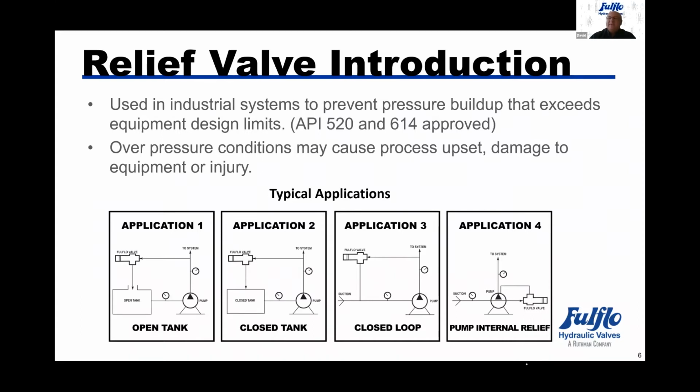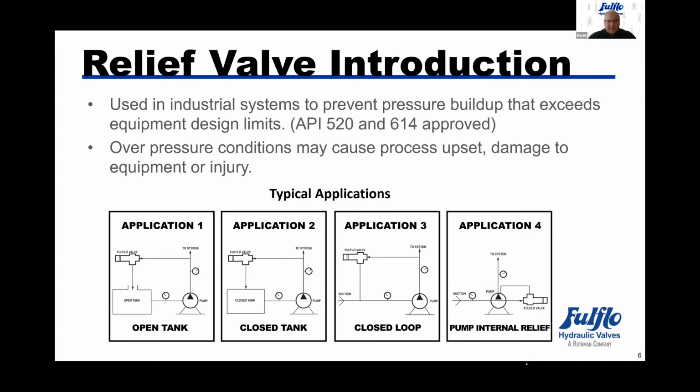Lube oil systems that meet API standards operate at an extremely high level of efficiency, which decreases the cost of operation and decreases the downtime of the rotating equipment. The relief valves are also for overpressure conditions that could cause upset or damage to the equipment, the filters, the pumps, anything within the system that you have.